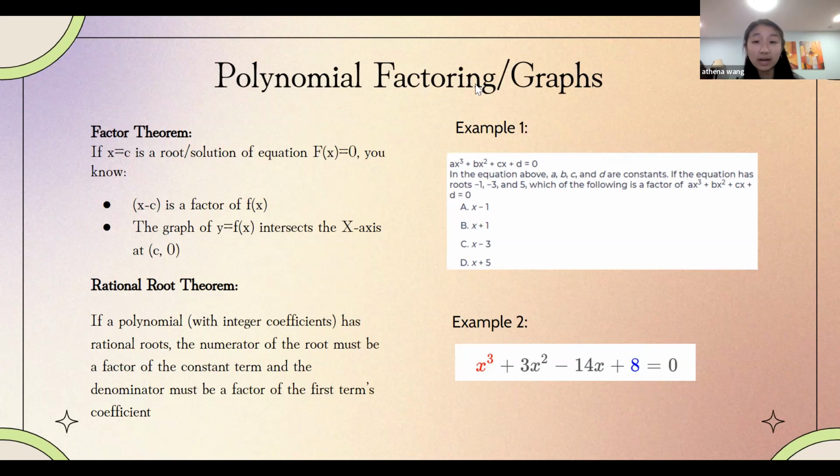Okay, so we can try the first example. This relates to the factor theorem. So I'll give you a minute because this is pretty fast.